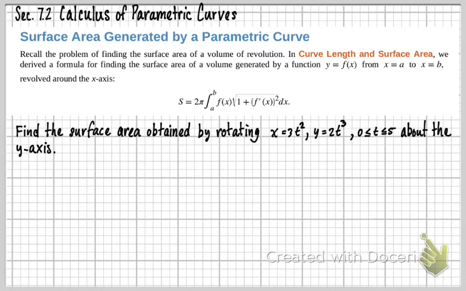But before I graph, I have to get this in terms of f of x function here. So that's going to change things a little bit here because I need to use my formula here. So I'm going to need an f of x. So I'm going to get those parametrics in terms of an equation of f of x.